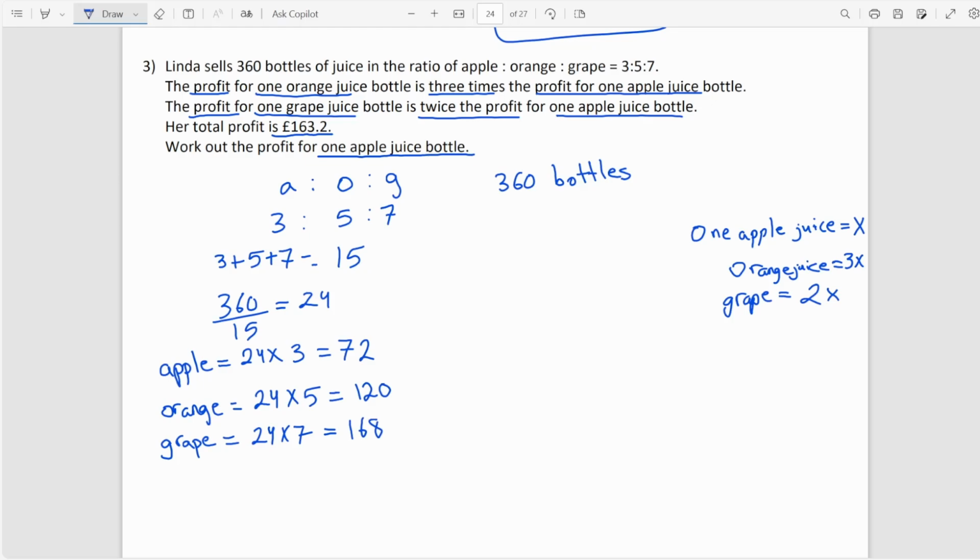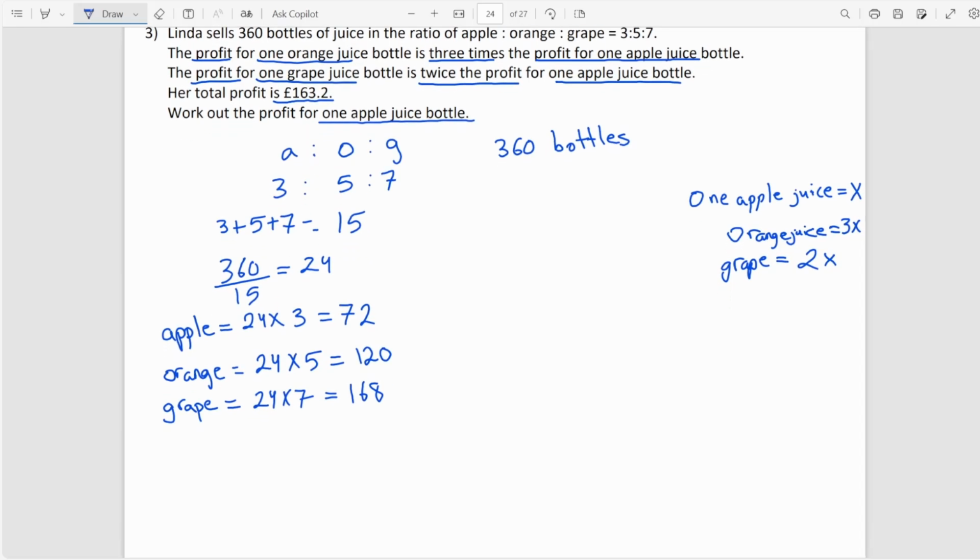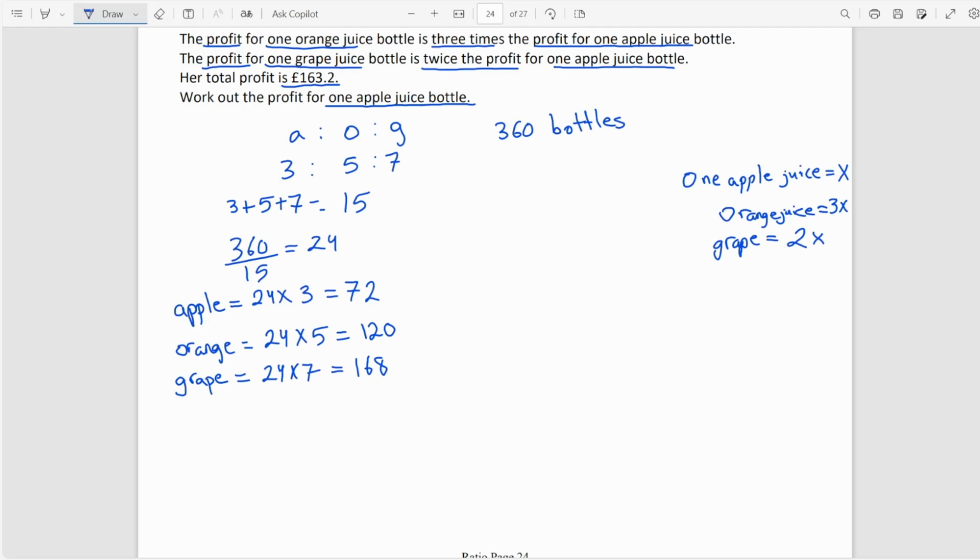Of course, all those numbers, 120 and 72 and 168, they should always add to 360, okay, which is the entire amount that you've sold. All right. So now let's build my algebraic equation and solve it.